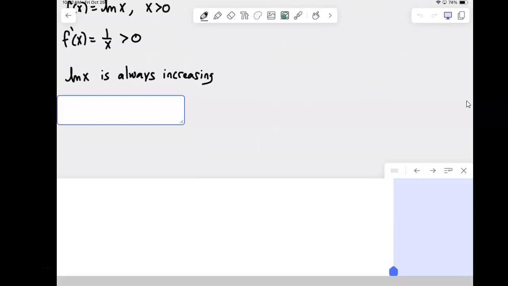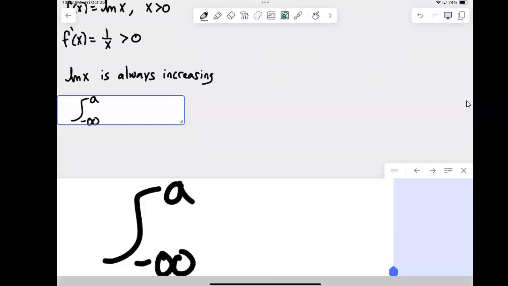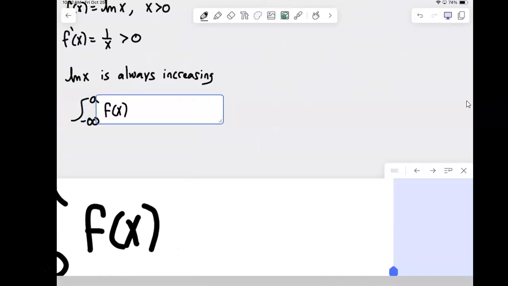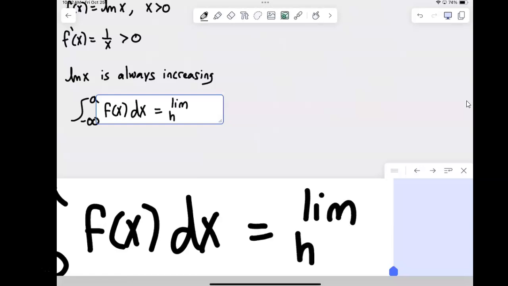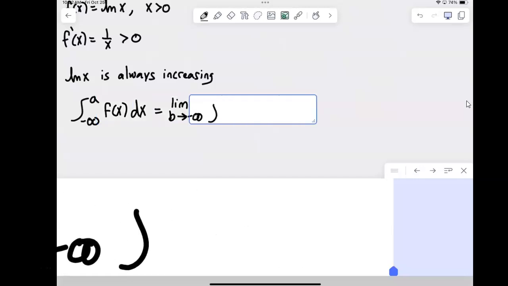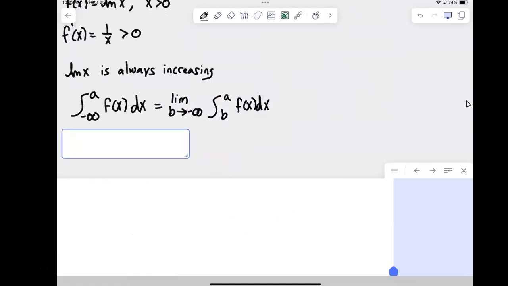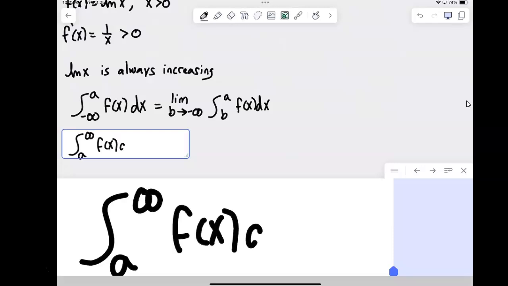And so the key idea here is that if we did an interval from negative infinity to some value, then we would write that in this case as the limit as b approaches negative infinity of the integral from b to a of f of x dx, or the other way, we're going from a to infinity as we've just done it here, the first examples.